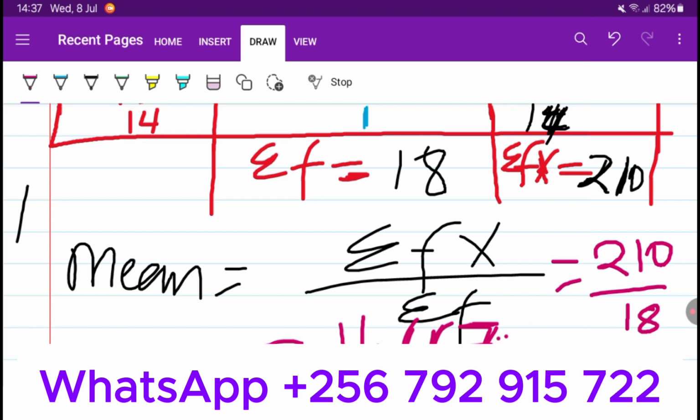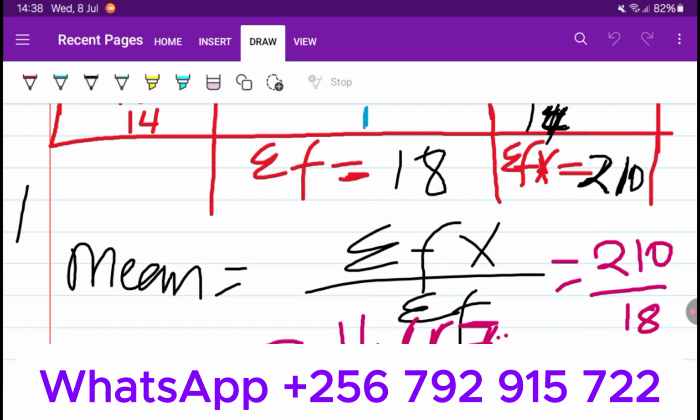So that's how we calculate the mean, by first presenting the data set into what we call a frequency distribution.